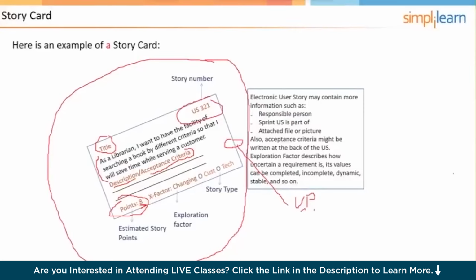And then typically there's also going to be an indication, sometimes just by colors, or it could be words, that has to do with where the story came from. Did it come from the customer? That would be considered a functional requirement.